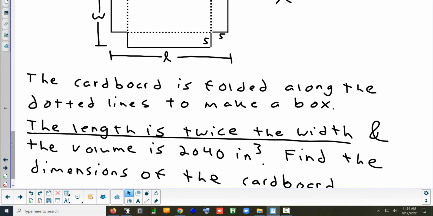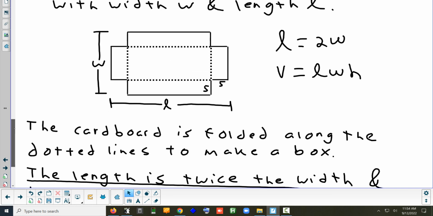What shape is this when you fold the sides up? It's a 3D shape, a rectangular prism. The formula for its volume is length times width times height.